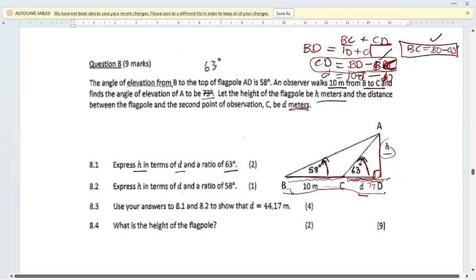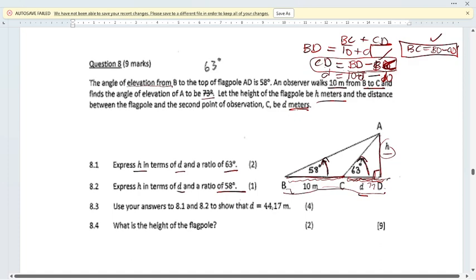Express H in terms of D and the ratio 58. Use angle 58 in triangle BAD. What is the triangle BAC? I'm saying angle 58 in triangle BAD. If you have a right triangle BAC, what is H?